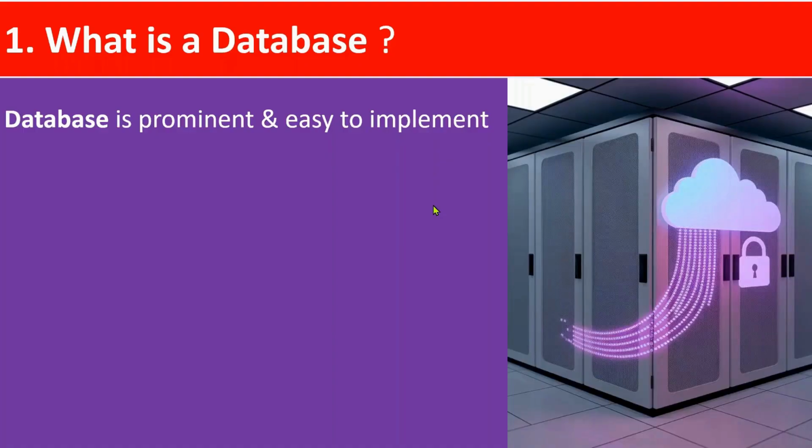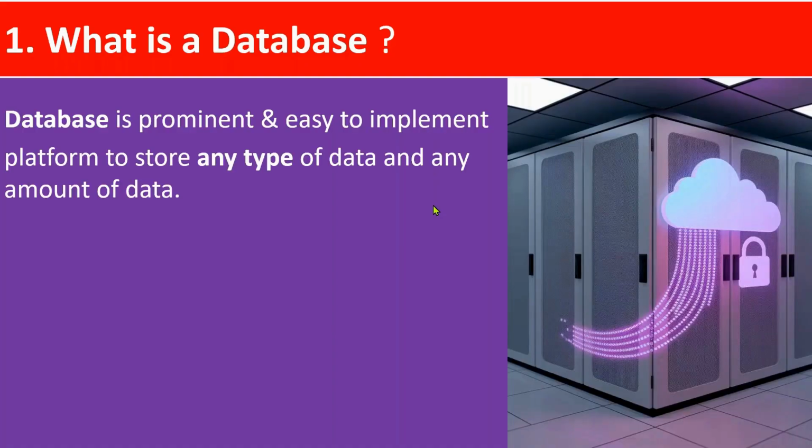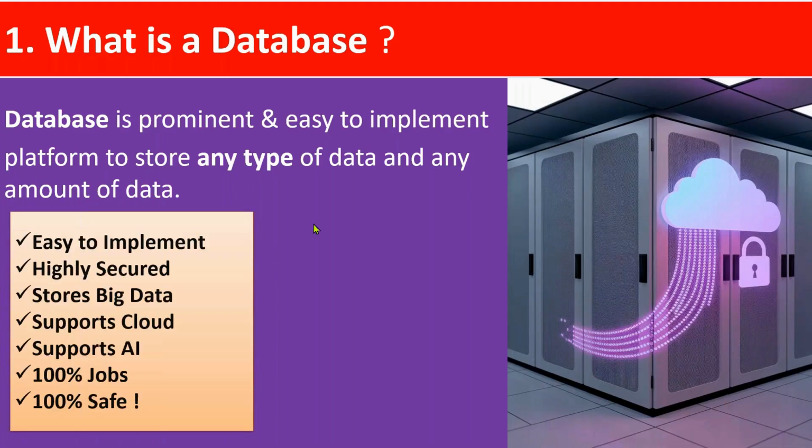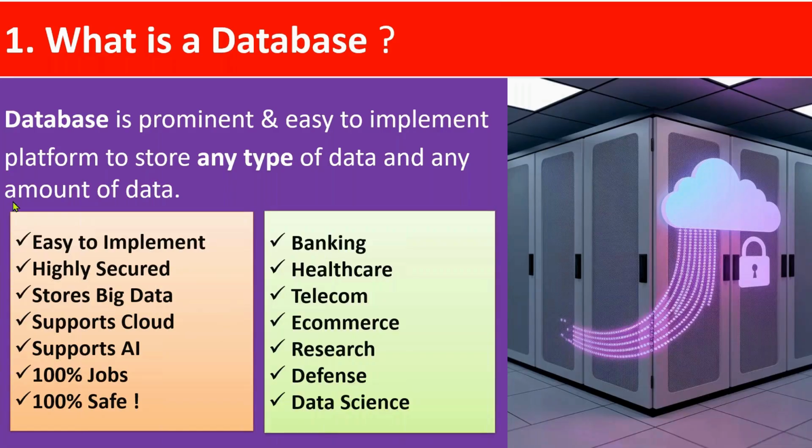First, what is database? A platform to store any type of data, any amount of data. Very easy to implement and highly secure. Stores big data, supports cloud with AI implementations. You take any environment in real world, banking, healthcare, telecom, e-commerce, anywhere, everywhere.